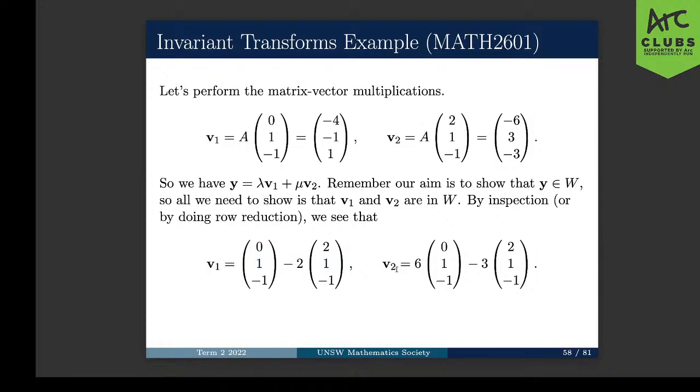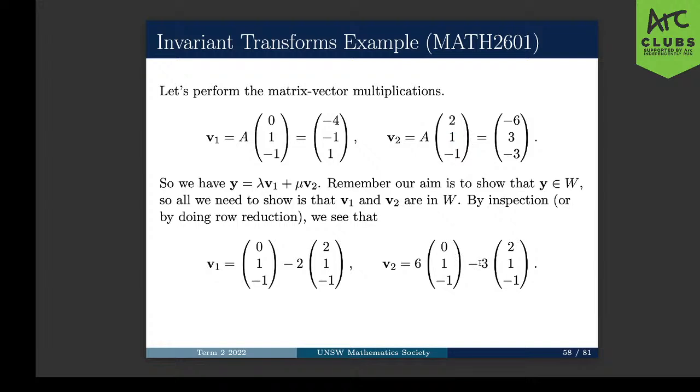Same thing for V2. Again, we need this -6 from somewhere, and we're definitely not going to get it from this vector, so we have to do -3 times this vector here. And it just falls through.